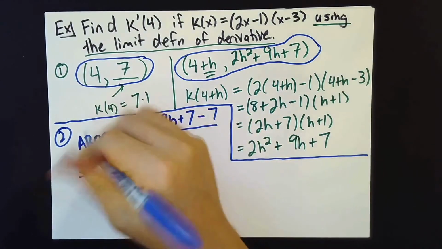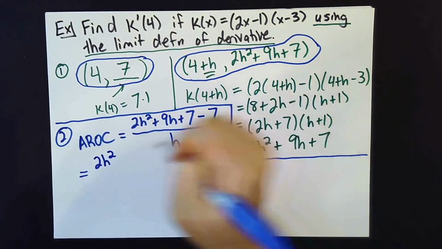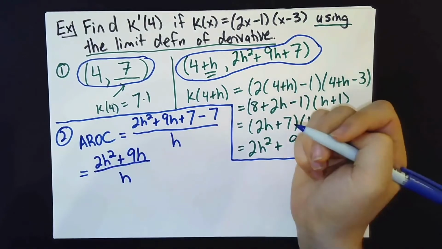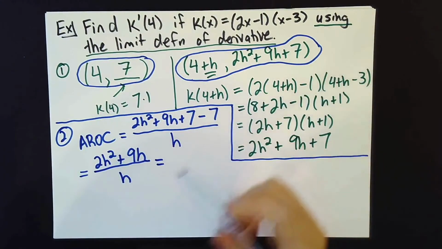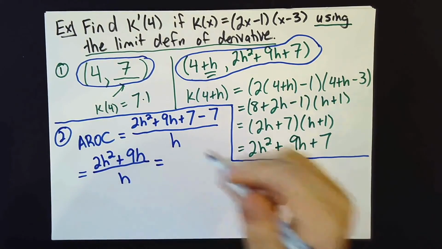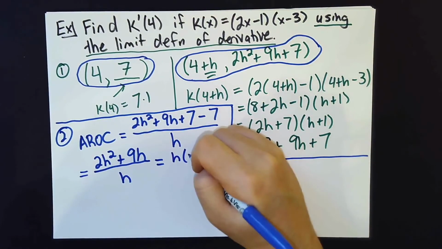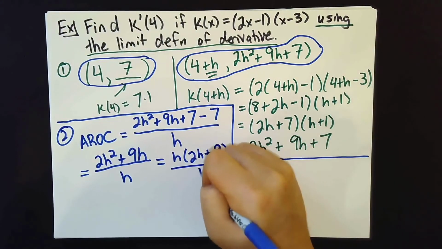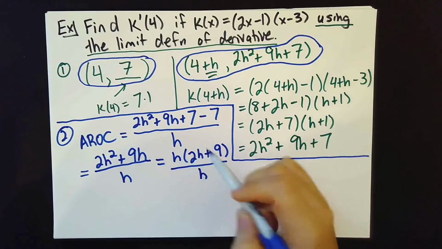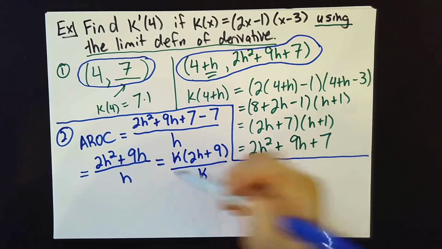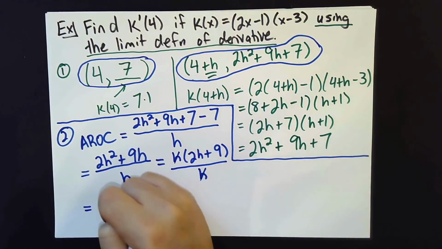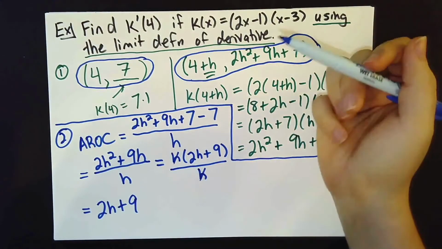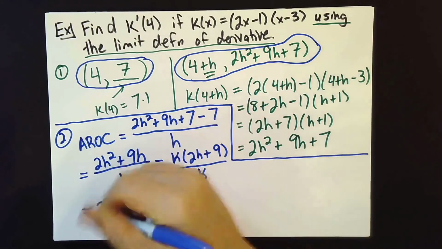Okay, so this is 2h squared plus 9h divided by h. And I can still do a little better because I can simplify the numerator here. And now once I factor that h out, I can cancel that with the h in the denominator. And so this will be 2h plus 9. Again, I know I'm done this step once I'm able to cancel the h's.